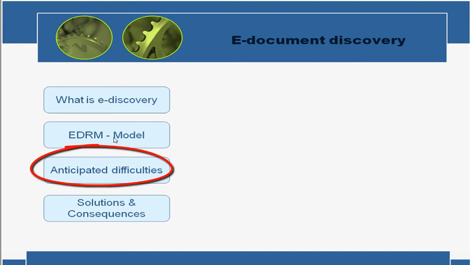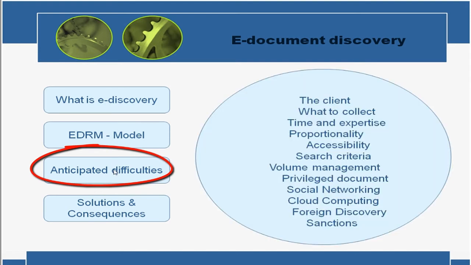Now, what are some of the anticipated difficulties involved with the use of electronic documents? Of course, number one among them will be the client. Your client may pose some difficulties because, you recall that we mentioned, looking at the EDRM model, information management.